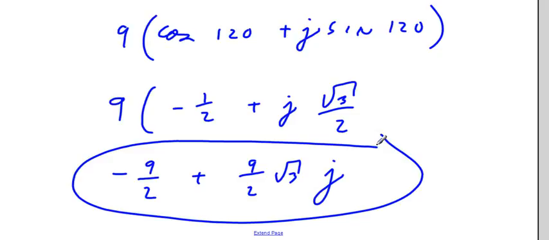Okay, we'll do 48 next. The first thing we're going to do is just put it in our calculator and see what it says. I'm going to make sure my mode is in polar mode.